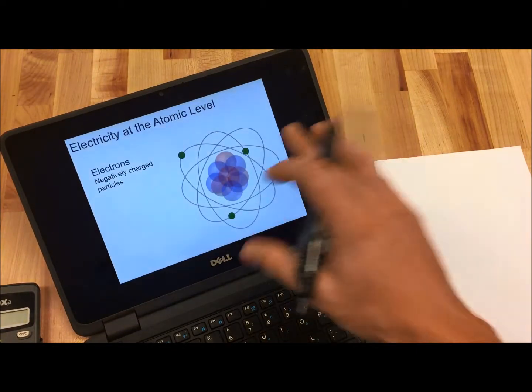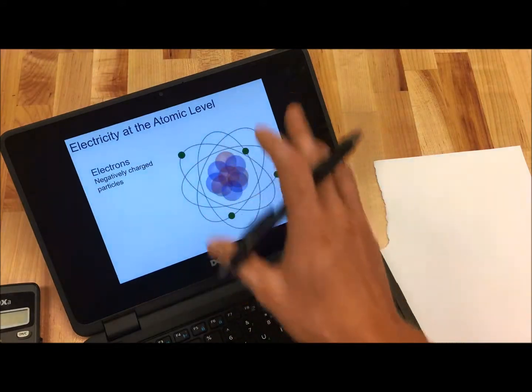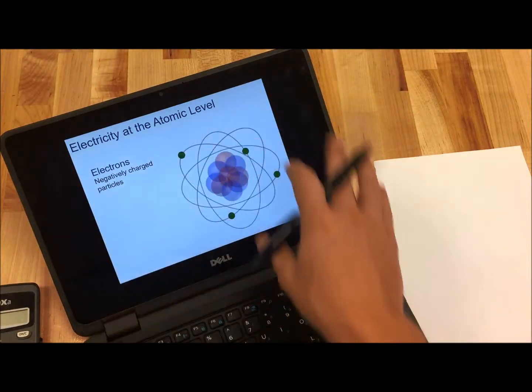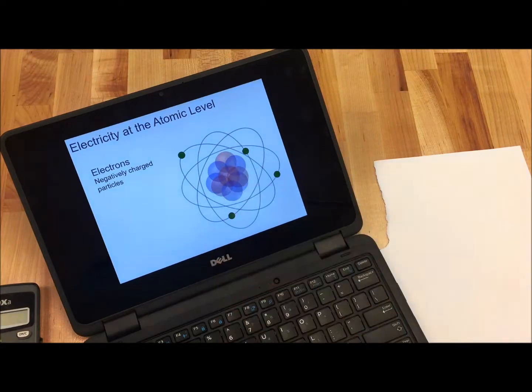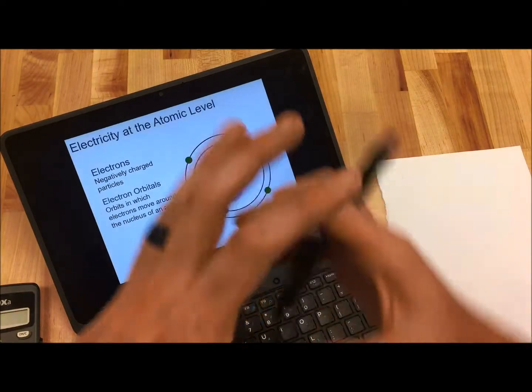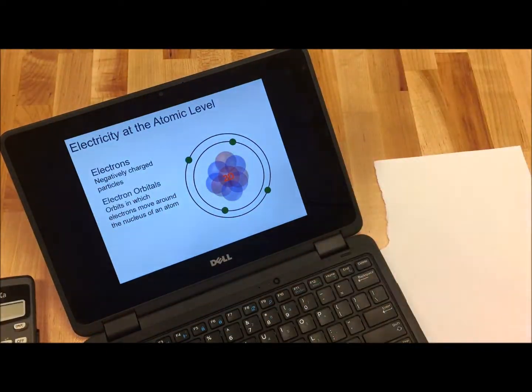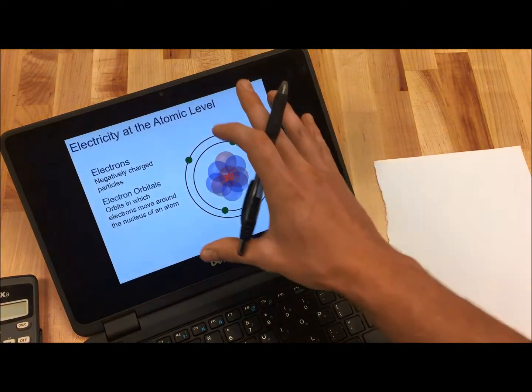Okay, we also have electrons. Electrons are negatively charged particles that go around in different orbits. Typically, this is a version that you'll see, but when we draw them, you have 3D versions and 2D versions. So we're just going to do circle, circle, circle, and so on, to represent the electron orbitals.